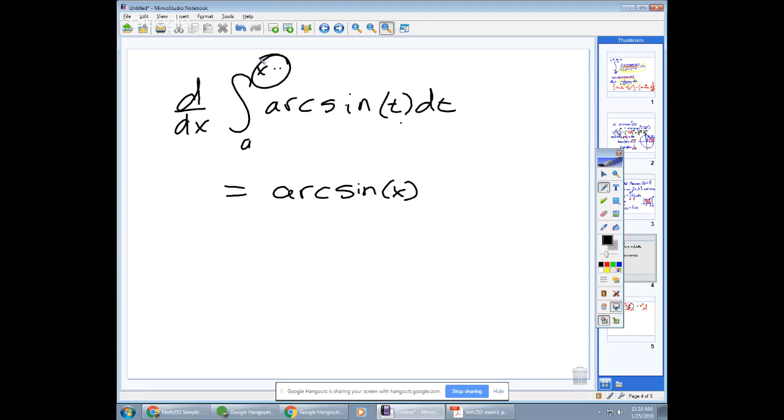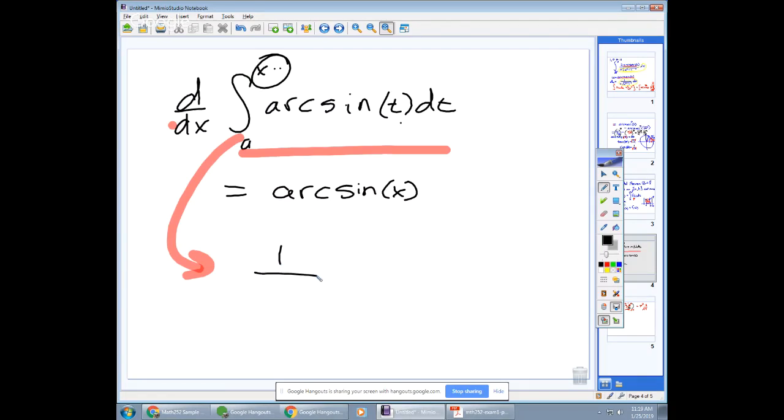So sometimes you can use fundamental theorem part 2 to justify this. Fundamental theorem part 2 says, if we just focus on this part and ignore the derivative outside for a moment, do you know an antiderivative of that function? If so, you can use it. Do we know an antiderivative for the arc sine? 1 over the square root of 1 minus x squared. Yeah.